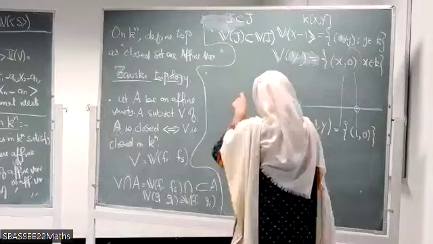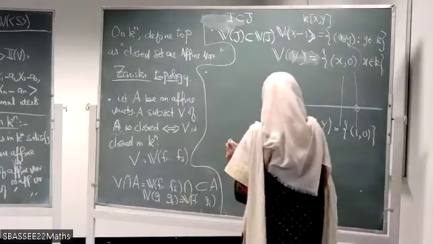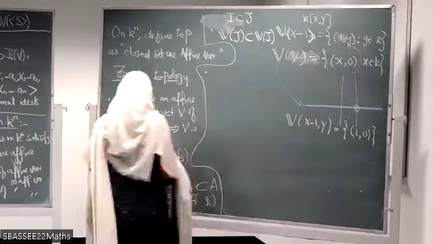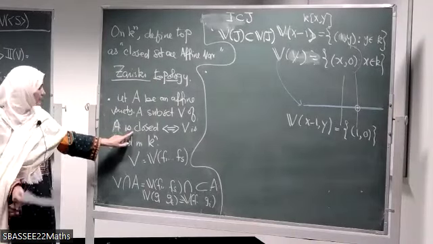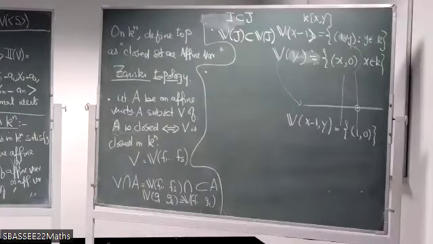As I said before, this property does not hold for the Zariski open sets, right? But one more property I would like to mention: if something is closed under the Zariski topology, then it is also closed in the usual Euclidean topology as well.